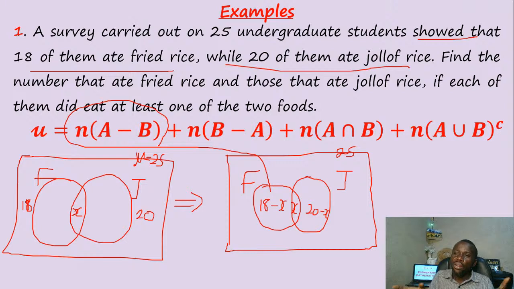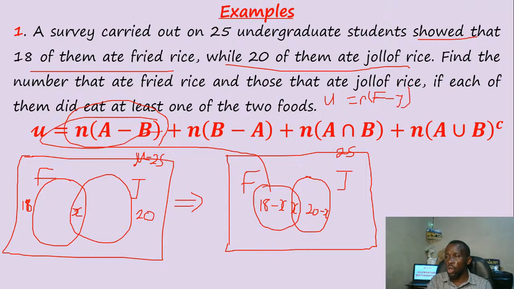So now the A minus B here, since I'm using F and J, I'm going to change those letters. Now what will I change it to? It becomes U equals n(F minus J). I'm not going to use A minus B again because what we have is F and J, right?